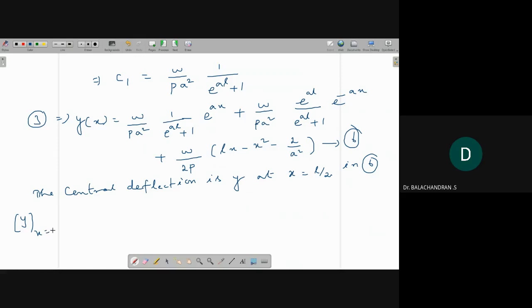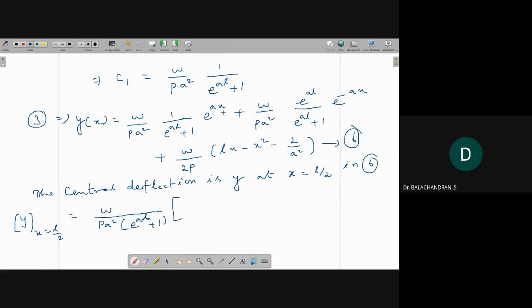If x is equal to L by 2 in equation 6, it is y at the central, that is y at x equal to L by 2, which is equal to omega by P square. I will take omega by P square commonly, and e power AL plus 1 is also common.